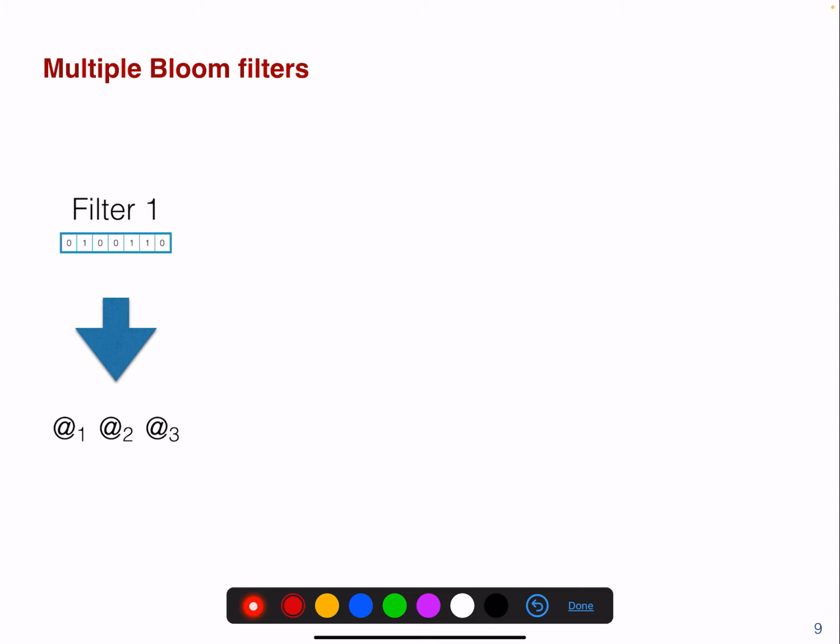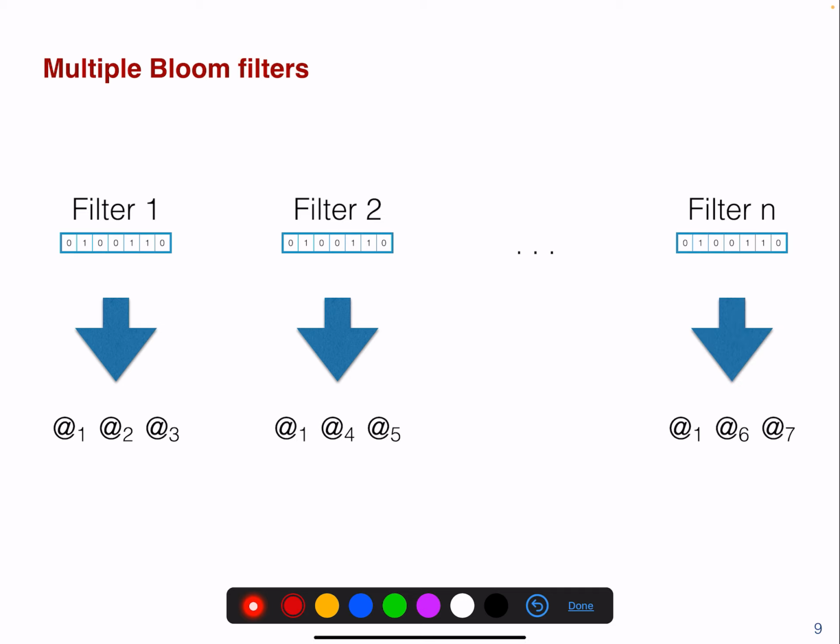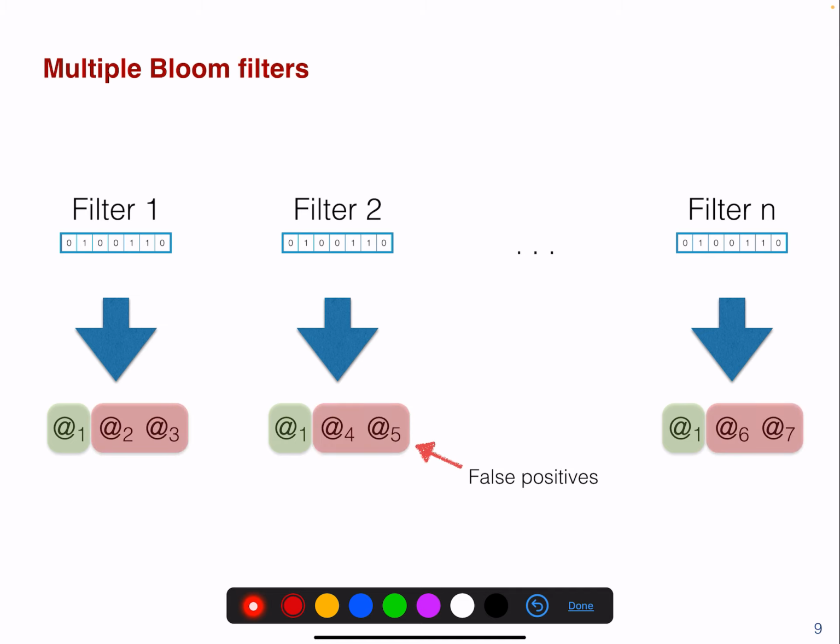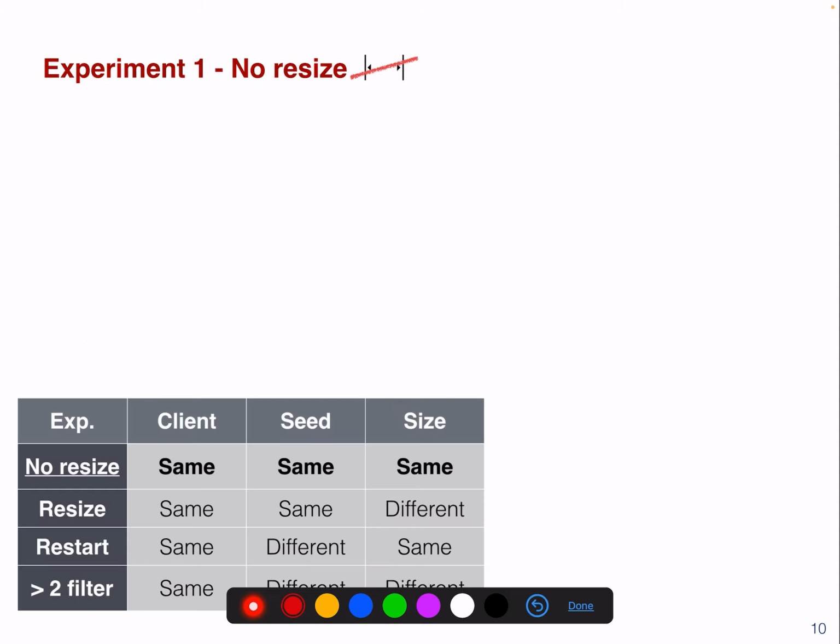So what about multiple Bloom filters now? If you have one filter that yields these positives, another filter that yields these positives, and another that yields these positives, we can do an intersection and discard any false positives that don't occur in multiple filters.